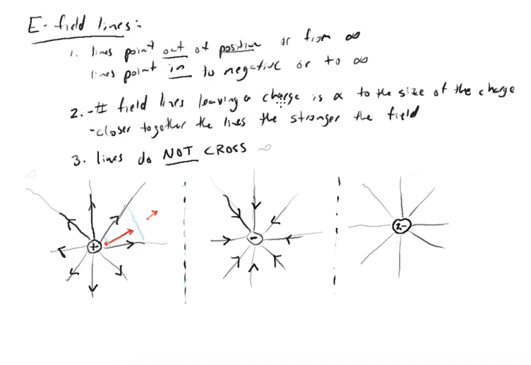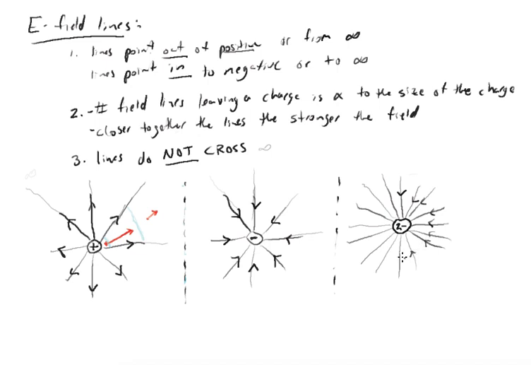The number of field lines leaving a charge is proportional to the size of the charge. Well, if we made it twice as much, then we basically have to add in twice as many field lines. And this shows that this is a greater charge. But it also shows then that it's producing a stronger electric field, because the distance between the lines is less than it was over here on the other one.